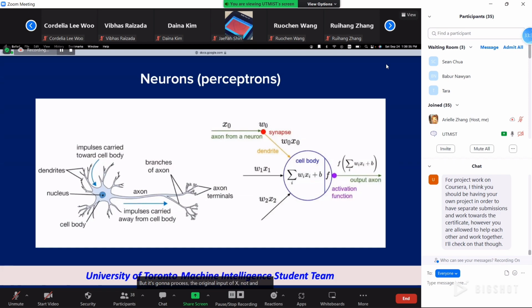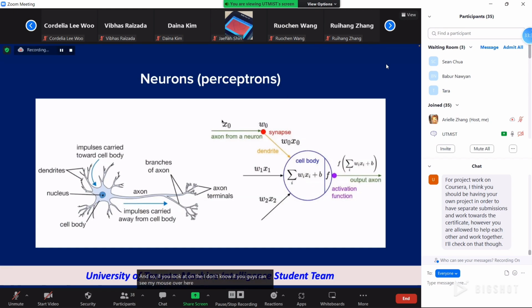And if you look at the right side, I don't know if you guys can see my mouse over here, the X naught is basically the input. That's the input signal in terms of your neurons. And by processing across the synapse and the dendrites, you're basically timing a weight to the X naught input. So you are using some sort of weight. So W naught, that's your weight.